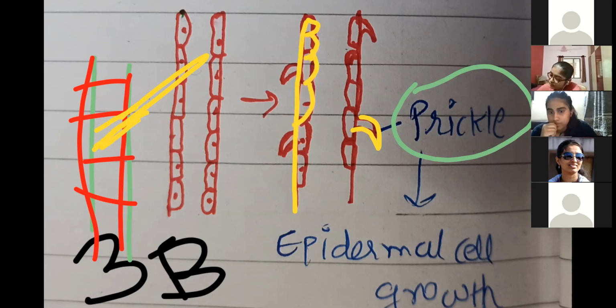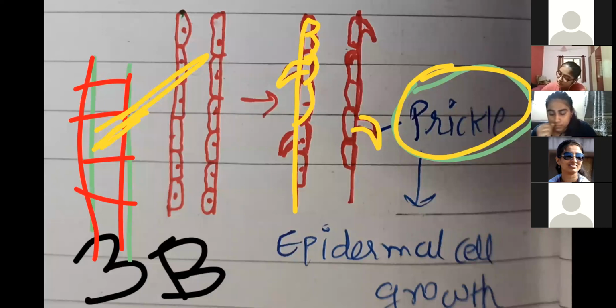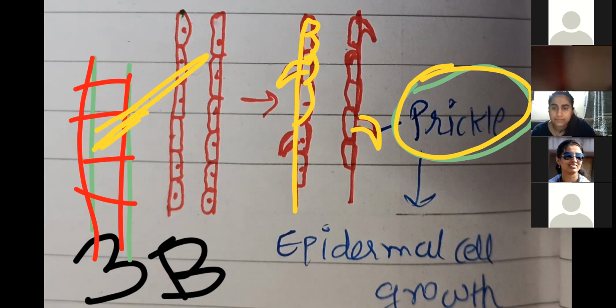So an outgrowth of the outermost layer cells, that we call a prickle. You must have felt that we can easily pluck these prickles, these pointed structures present on the rose stem axis. Yes or no? Why? Because they are just epidermal in origin, an outgrowth.